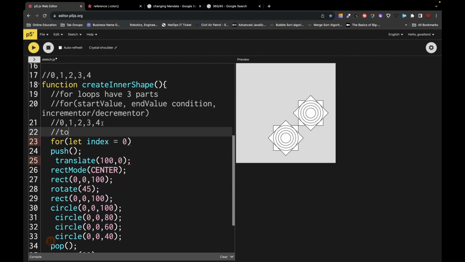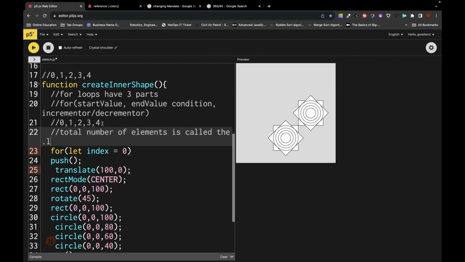The total number of elements in an array is called the dot length. Okay, so if I have 5 elements in an array, these are the positions 0, 1, 2, 3, and 4 of where those elements are. But if I count them up, I have a total length in that array of 5. Okay, so this is kind of what we're going to be using to build.